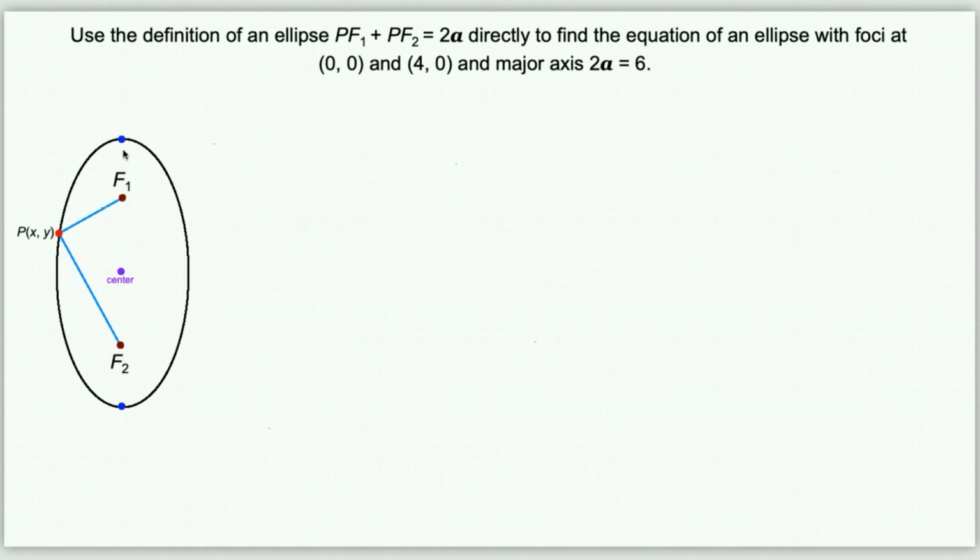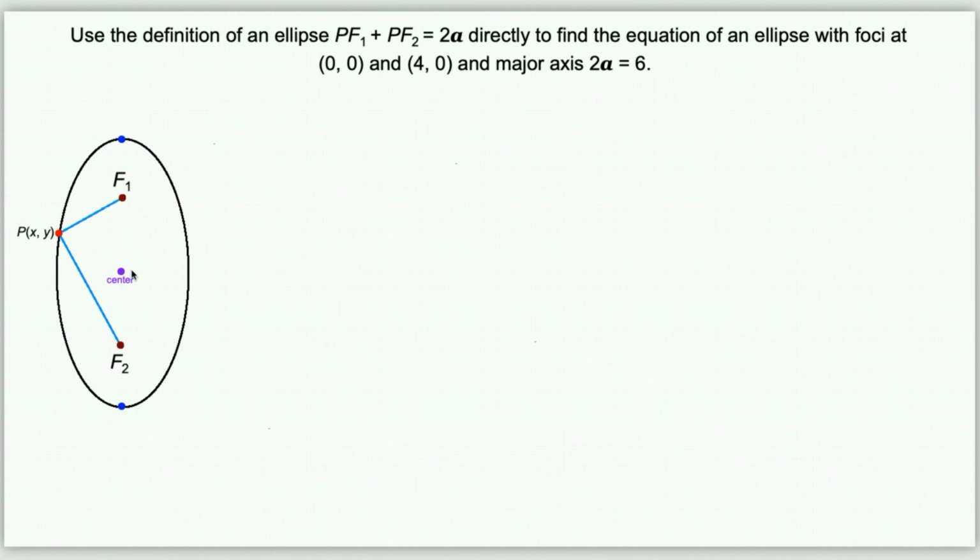Because this distance plus this distance is the same as this distance plus this distance, right? Because these two distances are the same. The major vertex distance to the second focus is the same as the second major vertex to the first focus, right? So if you visualize it in such a way that you're talking about the full diameter, which is equal to twice the A, then you know for sure that you understand how this works, okay?